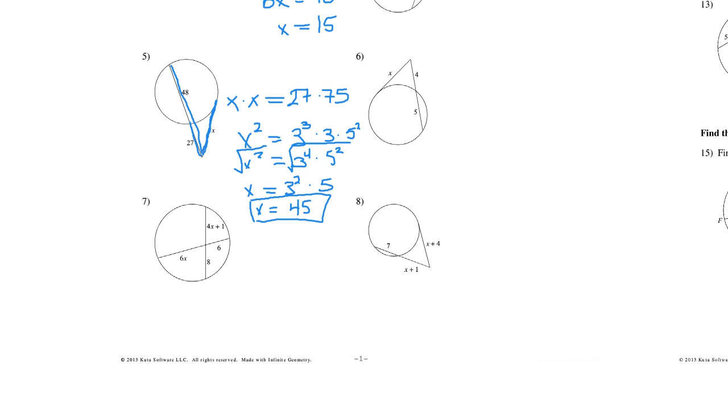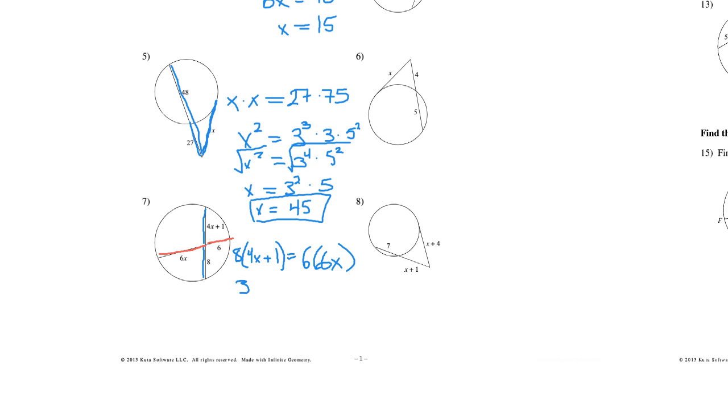Let's look at number 7. What we've got going on here is a more basic case like what we saw in the first problem, where we have this one times this one equals this one times this one. So we can just write that out. We're going to see 8 times 4x plus 1 equals 6 times 6x.